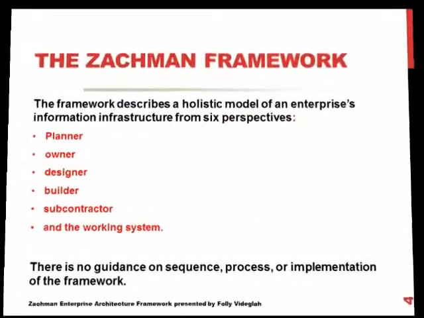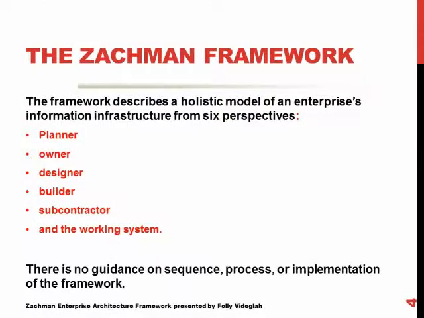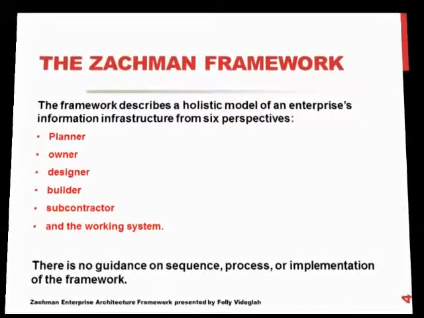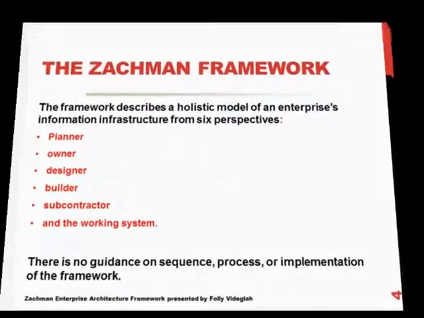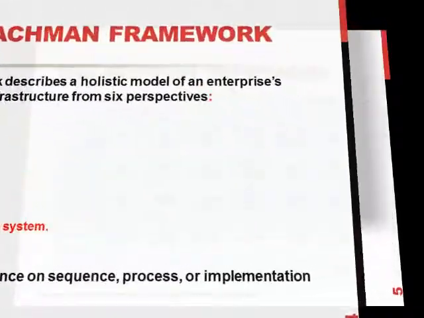The framework describes a holistic model of an enterprise information structure from six perspectives: planner, owner, designer, builder, subcontractor, and the working system. There is no guidance on sequence, process, or implementation of the framework.